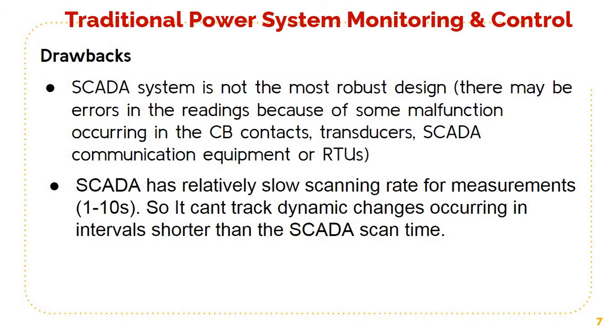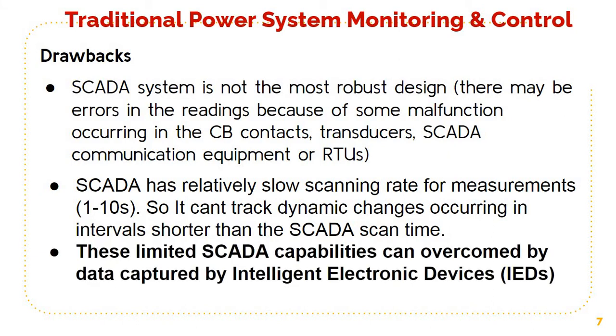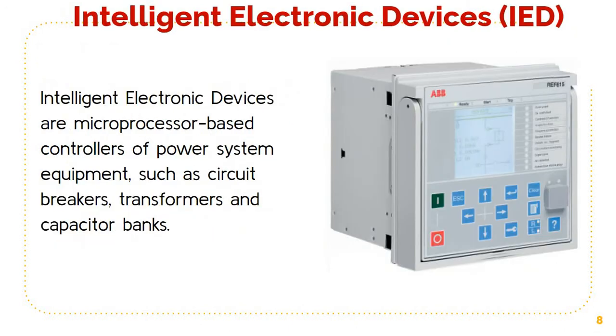So it can't track dynamic changes occurring in intervals shorter than the SCADA scan time. These drawbacks of SCADA can be overcome by data captured by using IEDs, or intelligent electronic devices.